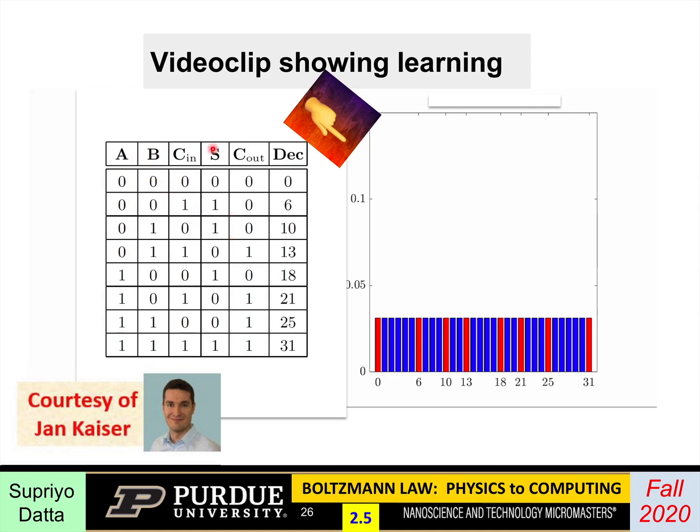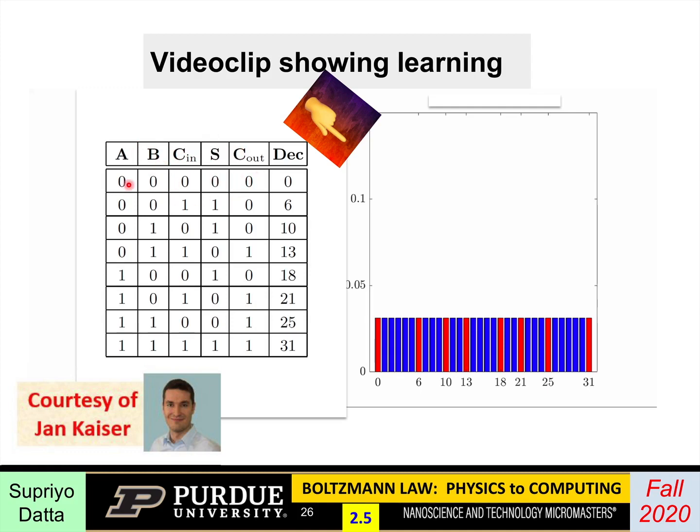So this is a system with 5 bits, A, B, those are the 2 numbers being added, the carry from the last stage, the sum, and the carry out. Okay? And as I said again, the details aren't important.